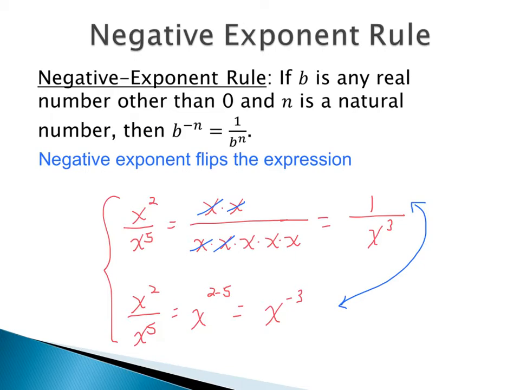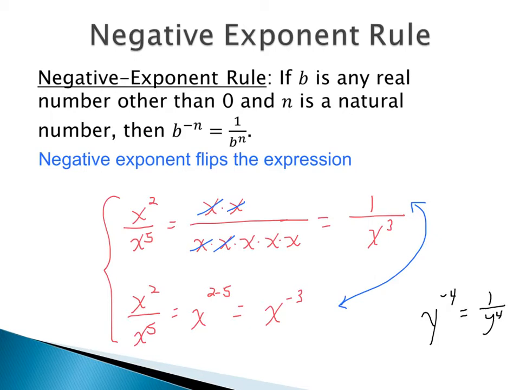So again, if I have a negative exponent, it flips over and the exponent turns to be positive. So for example, let's do y to the negative 4, that would become 1 over y to the fourth.